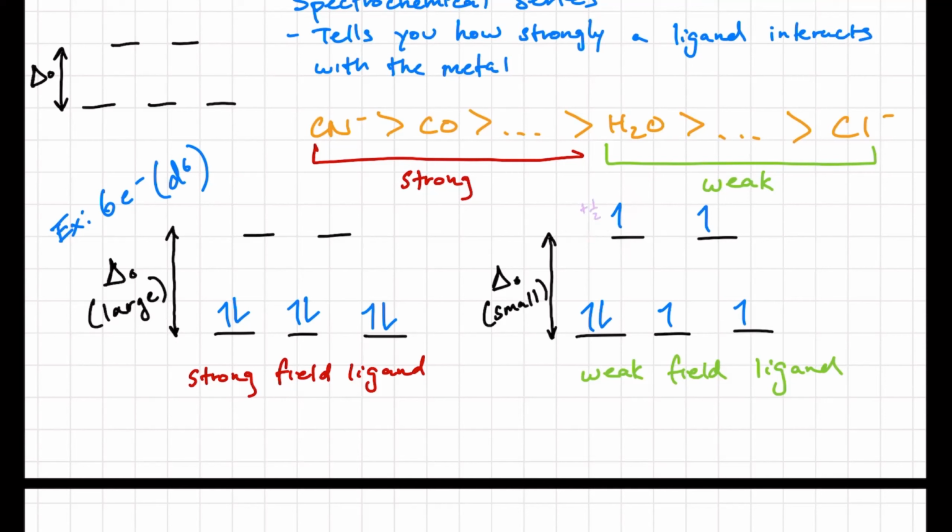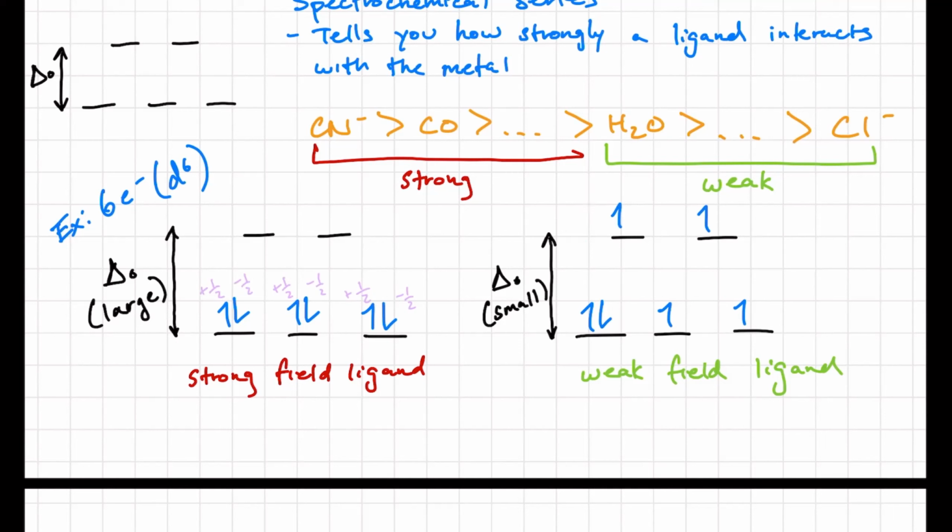Everything with a downward pointing arrow is minus 1/2. So you can see how for a strong field ligand, because everything has to pair up first, they all cancel out. Whereas with a weak field ligand, there are a lot of lone electrons, right?